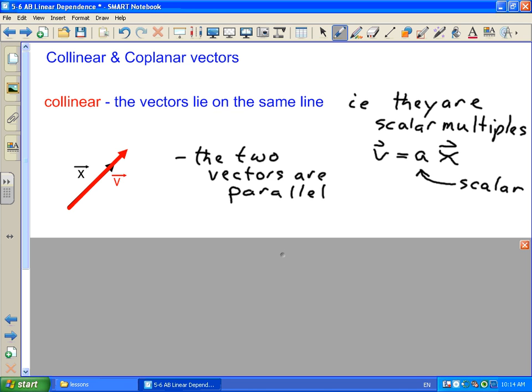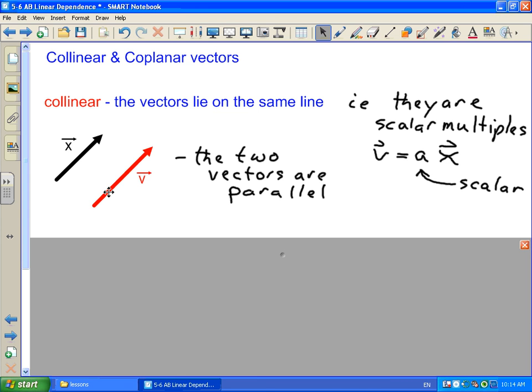I'm also saying that this means that they are parallel as well. And the reason that this is true is because these vectors aren't anchored to any specific spot in space. I can take this vector v and move it around, and I can move x around. If I look at them here, clearly these two vectors are parallel.